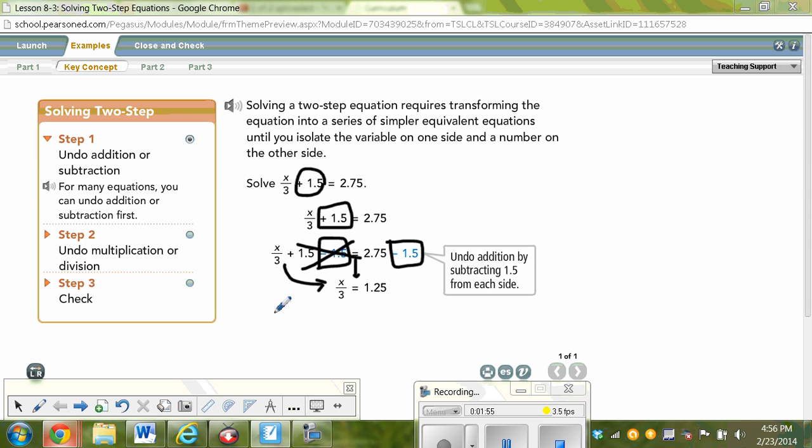And I have x divided by 3 equals 1.25. Please pause this, take the notes you need to take. This is essential. If you do not get how to solve equations, I'm sorry to tell you, there's a lot of math ahead that's going to be very painful for you. So this is an essential thing that we learn.